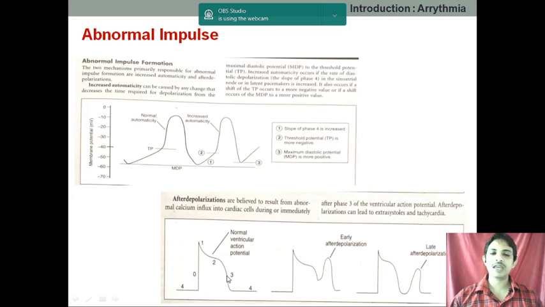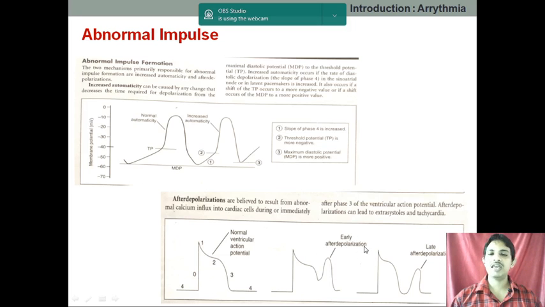Now if there is a calcium influx, what will happen? It will start the action potential. So after phase 3, or during phase 3, if there is a calcium influx, it may again cause an abnormal impulse. Now this afterdepolarization is also categorized into two categories.